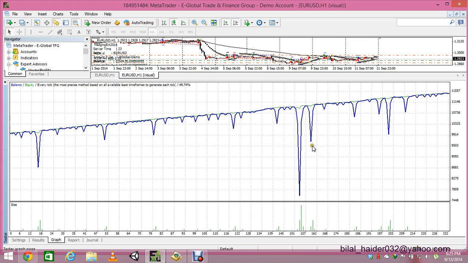Why did the balance drop? Because this is hedging. If one trade is in profit, there must be another trade that is in loss, but overall the equity never drops. This green line you can see here never drops. So don't worry about it.